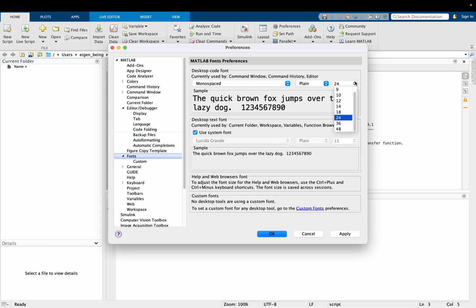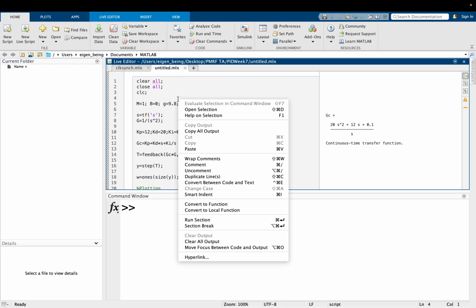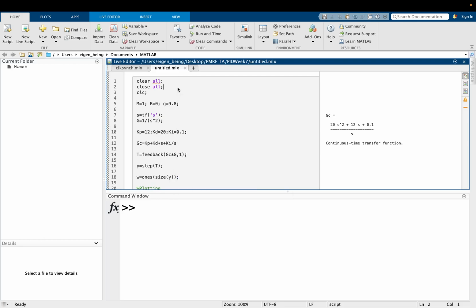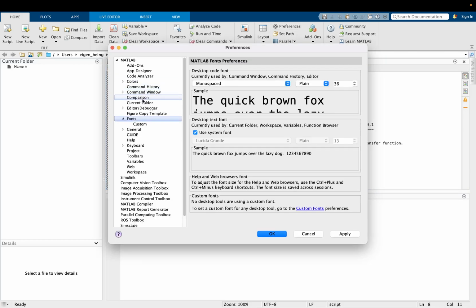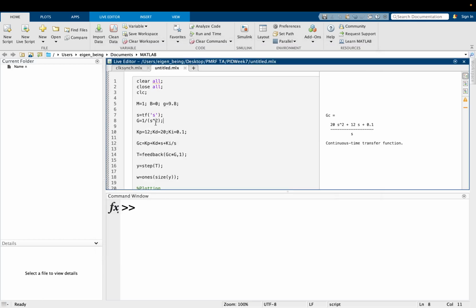So I'll just increase it to 36. Okay, I guess it didn't change much, but okay. I don't know why, maybe this changed but the other one didn't change. Okay, let's see, why is this command window editor debugger, maybe here? No, I think it's not. Yeah, it's okay.